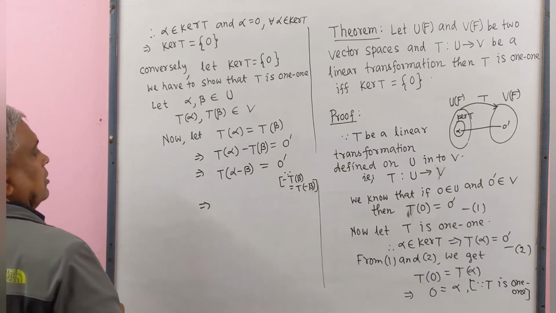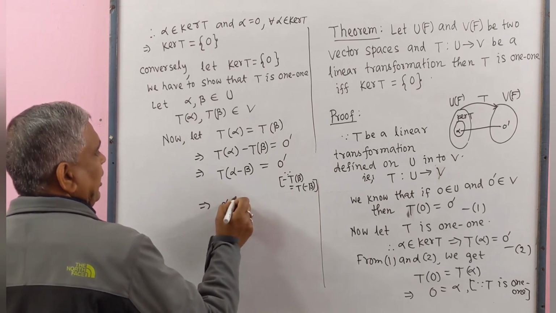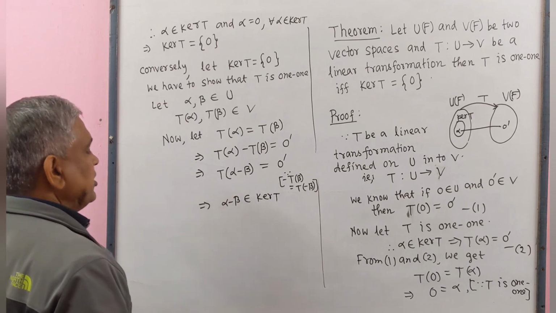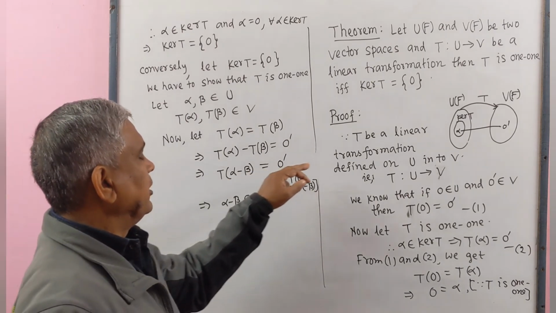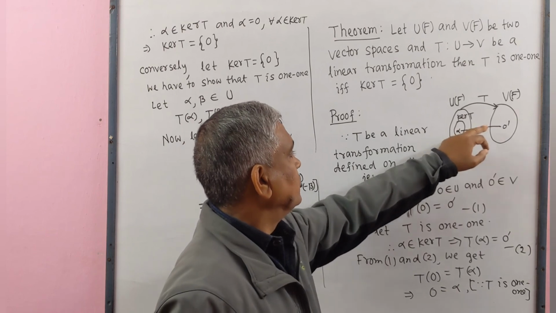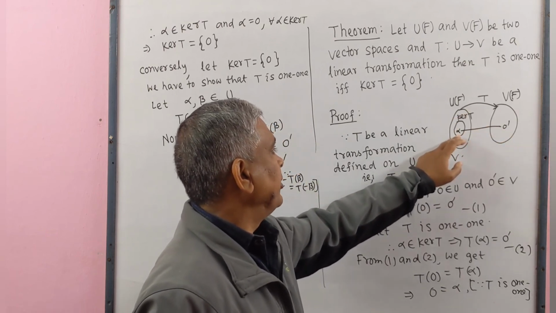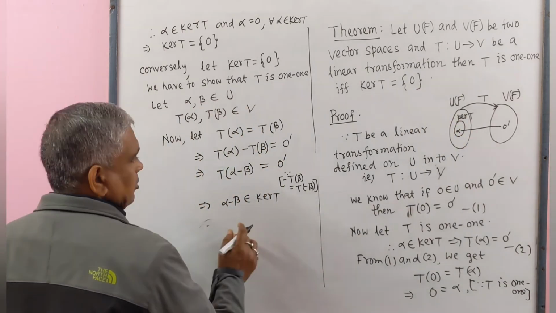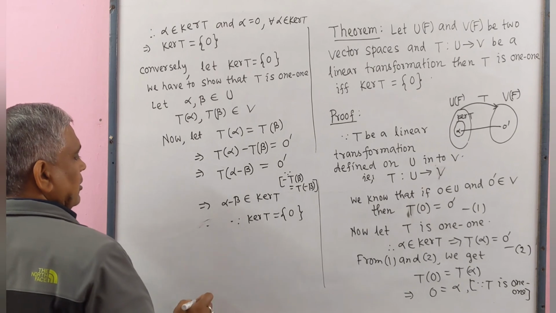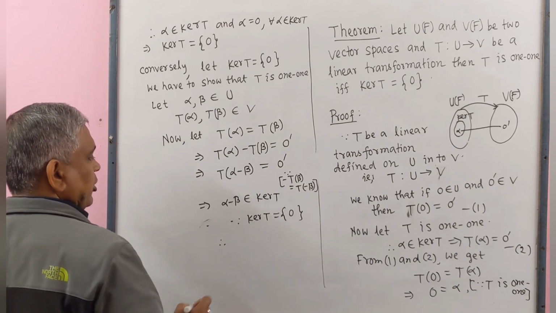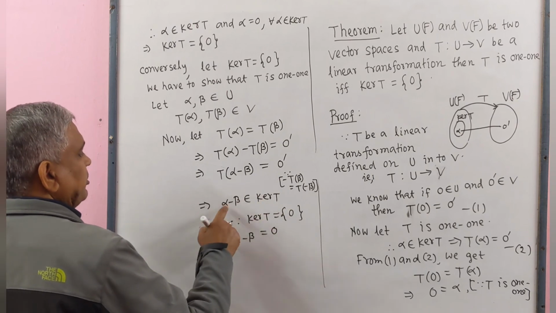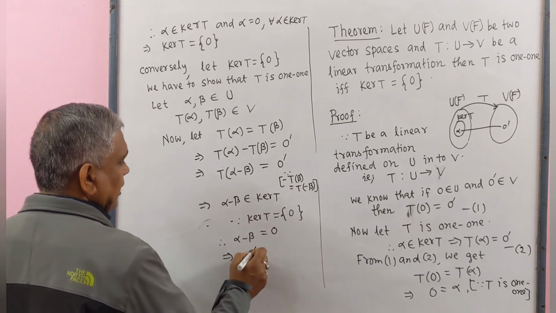This implies that alpha minus beta belongs to ker T, because we know that the element which belongs to U and whose image is 0 prime will be an element of ker T. Since ker T contains only the zero element, therefore alpha minus beta equals 0, implies that alpha equals beta.